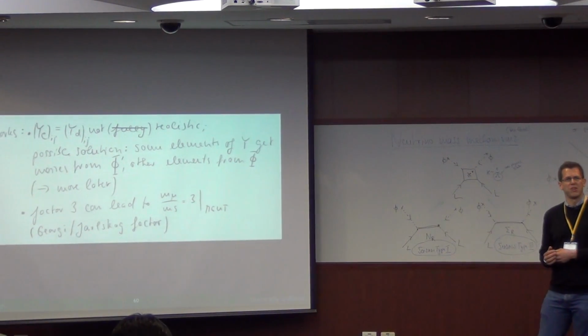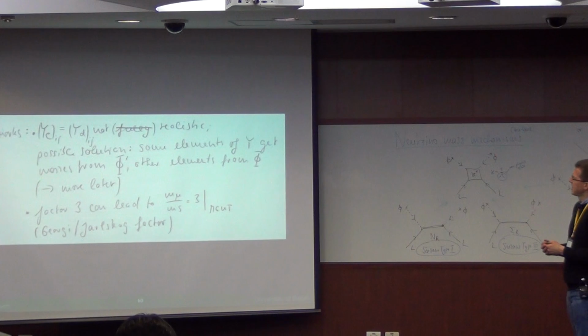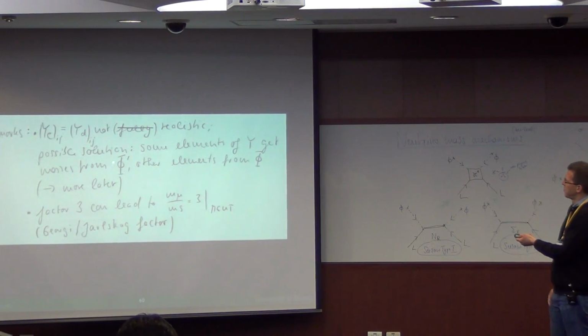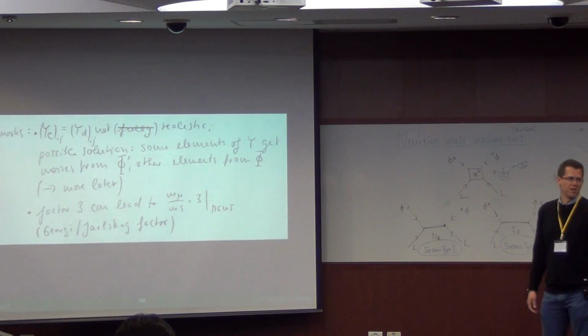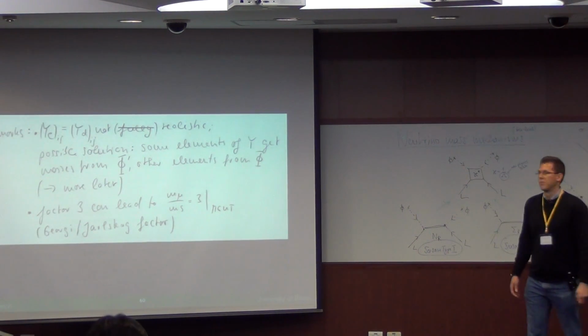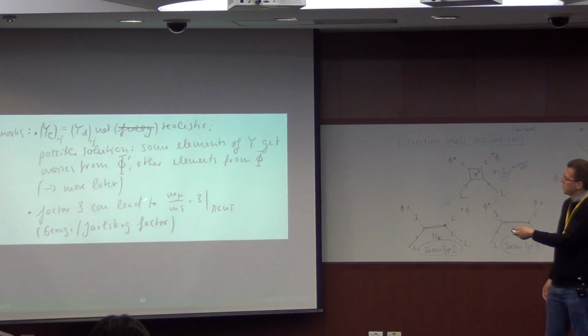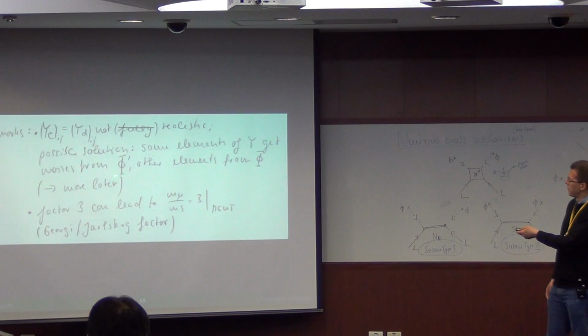Or you can have the situation that certain elements get their masses from the phi prime fields, and others get their masses from the phi fields. And then you can indeed get something which is realistic. We'll come to this a bit more later when we discuss the SU(5) GUT theories. But this is to be kept in mind.